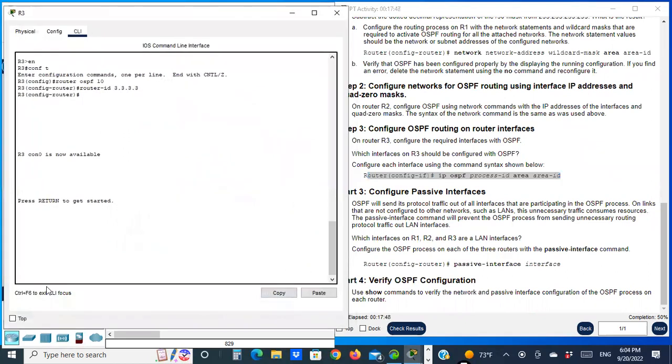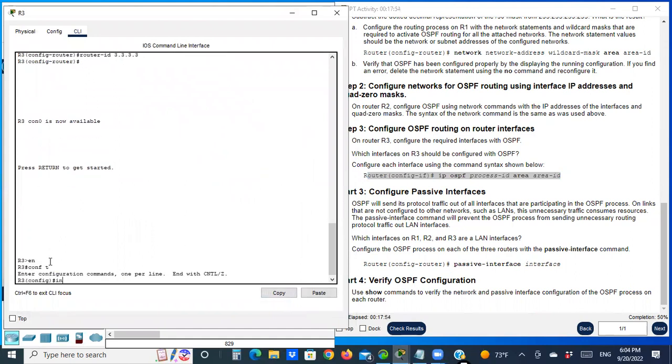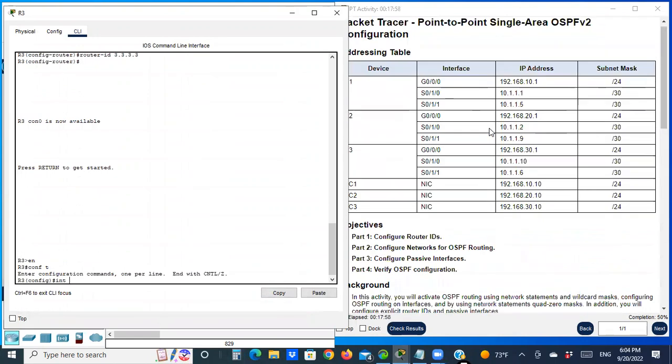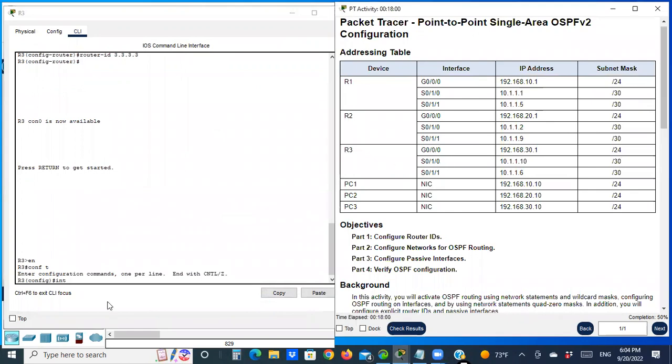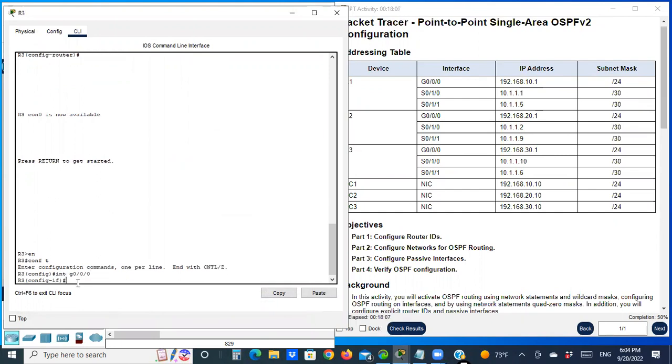Okay, let's go to the interface. Enable, configure terminal, interface G0/0/0.